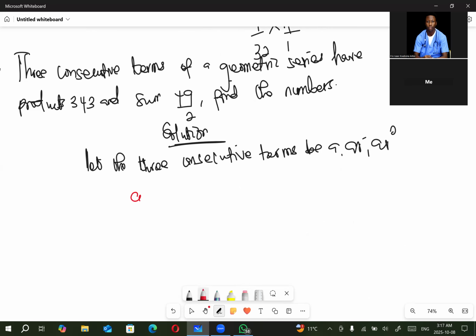So A times AR times AR squared. They said the product is 343. Let's do it well. Multiplying this, it's going to be A squared R cubed, isn't it?